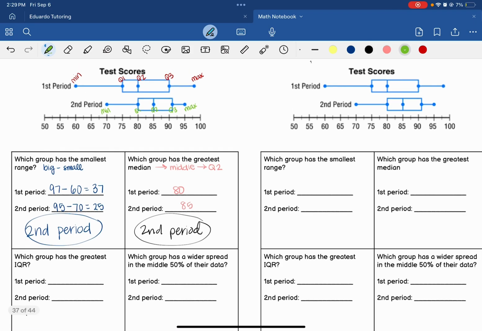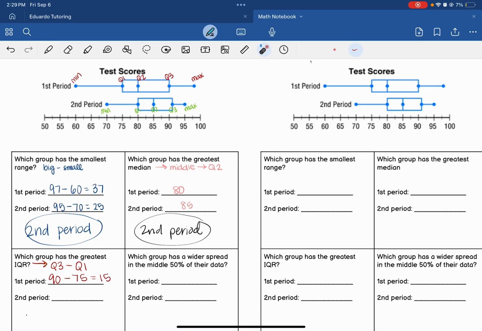Our next question here says, which group has the greatest IQR? Remember that your IQR is going to be your big Q, which is Q3, minus your little q, which is Q1. And it looks like Q3 is 90 and Q1 is 75. So that's going to be 90 minus 75, which gives us 15.